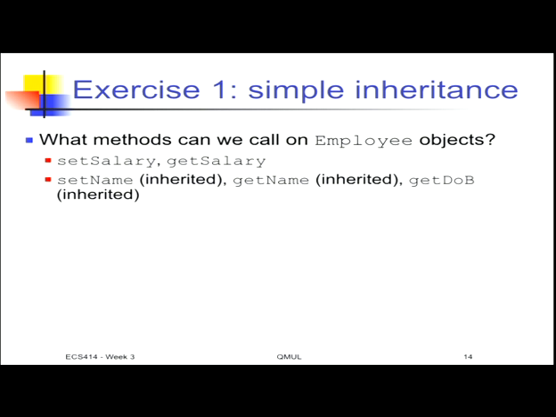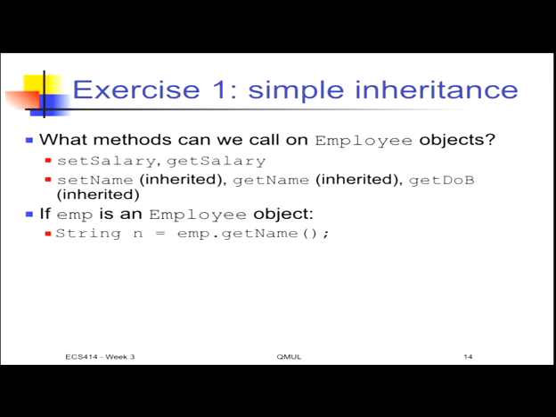But also, we can call the methods in the superclass, for example, setName, getDateOfBirth. These methods, we didn't write in the class Employee. But nevertheless, whenever we have an object of type Employee, we can call these instance methods because they are in the superclass and they are not private.